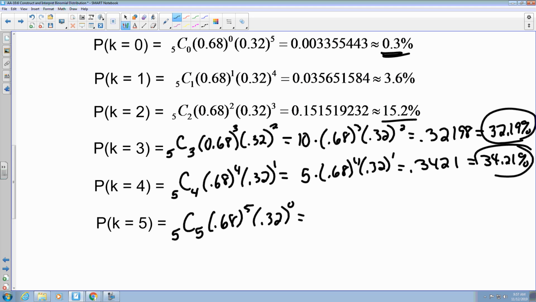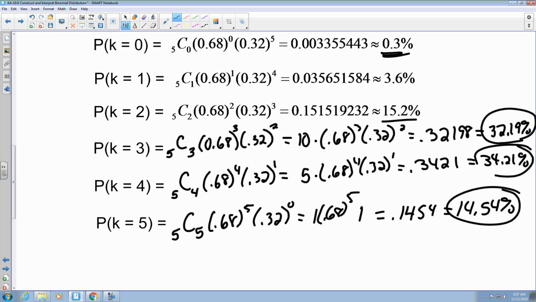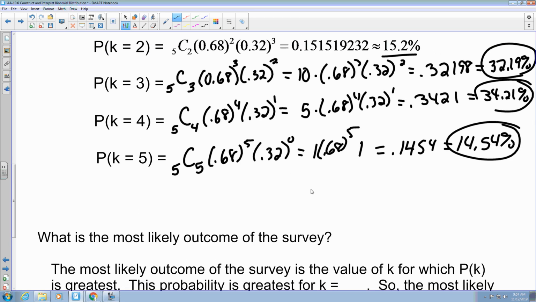So the combination is essentially 1, and all we have to do is figure out what 0.68 to the fifth power is, and that is about 0.1454, which is about 14.54%.